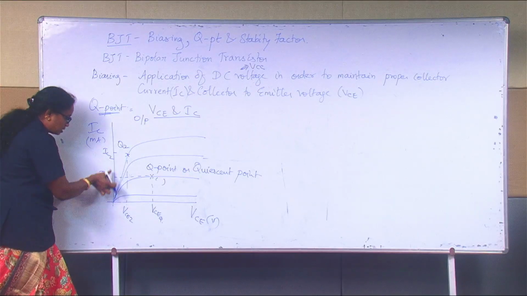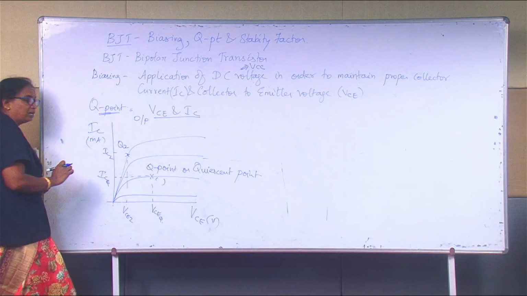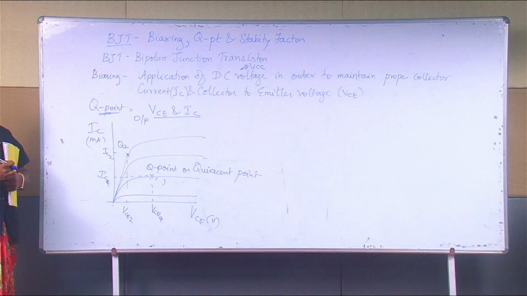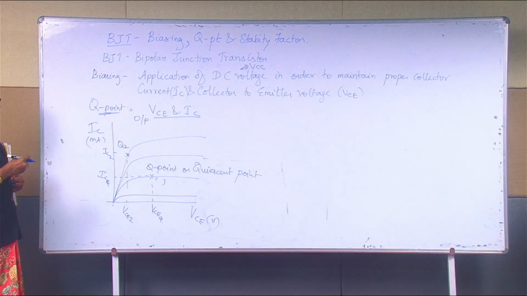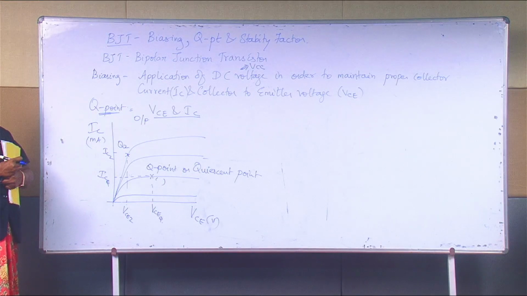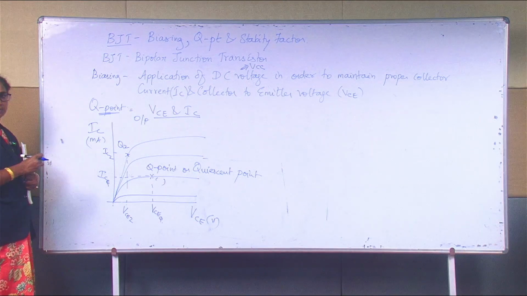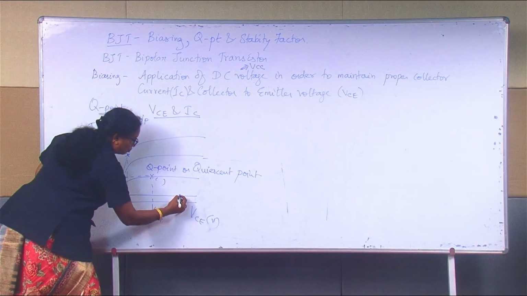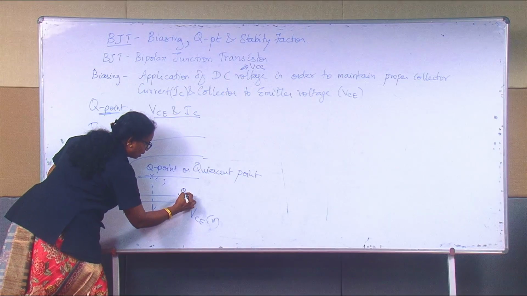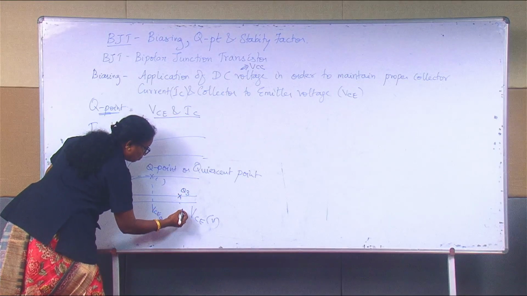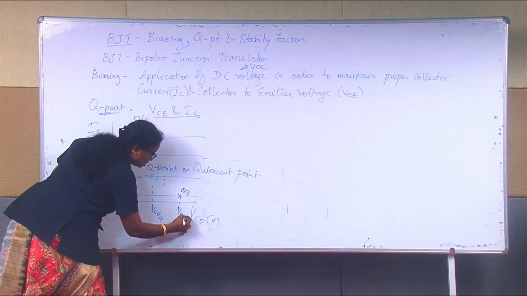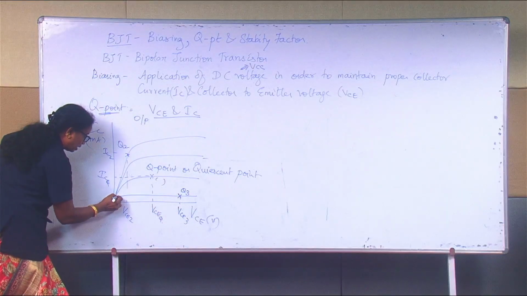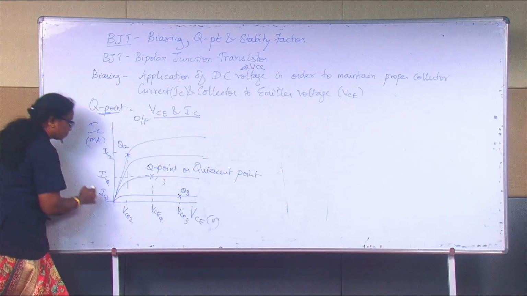So it is this range of voltage and current that will say what exactly the transistor contributes. If you take for example somewhere here which has a Q point of Q3, say VCE3 and the collector current say IC3.